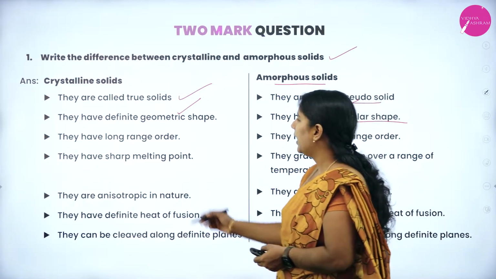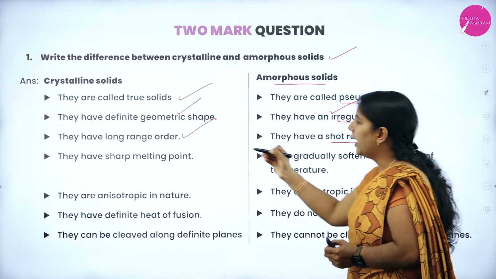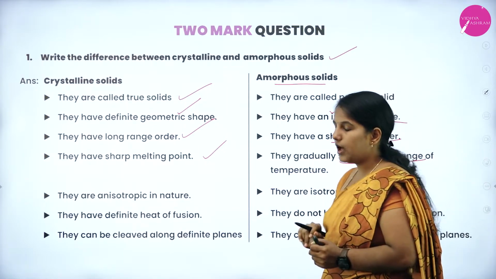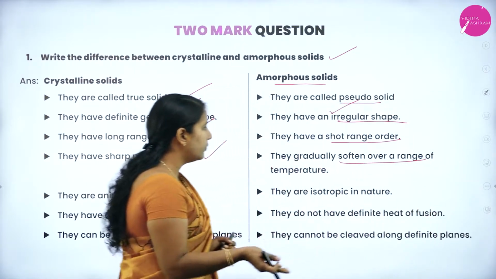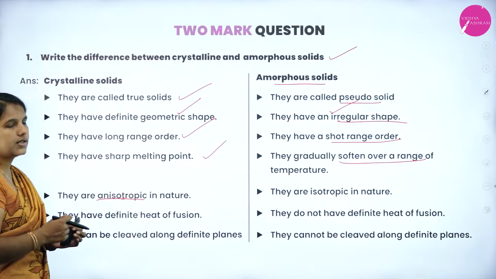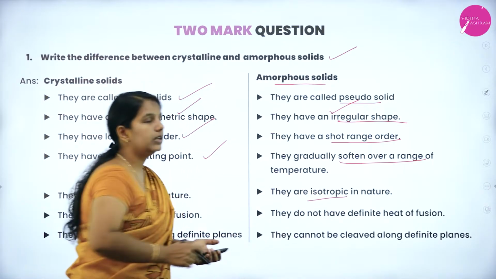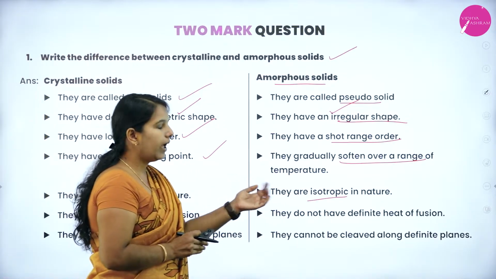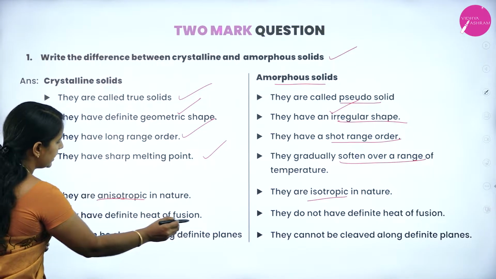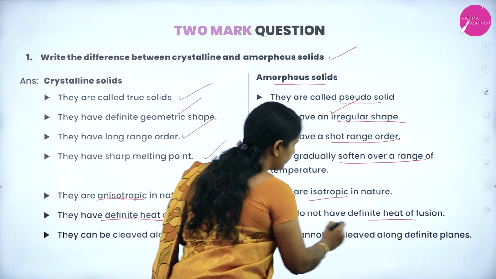Crystalline solids have long range order, amorphous solids have short range order. Crystalline solids have a sharp melting point, whereas amorphous solids soften over a range of temperature. Crystalline solids are anisotropic in nature, whereas amorphous solids are isotropic in nature.